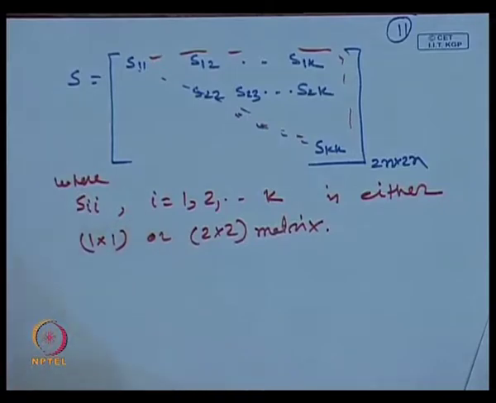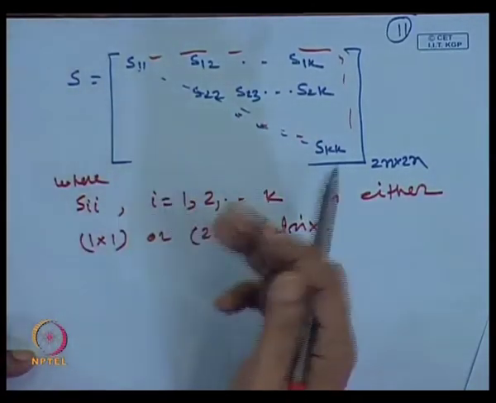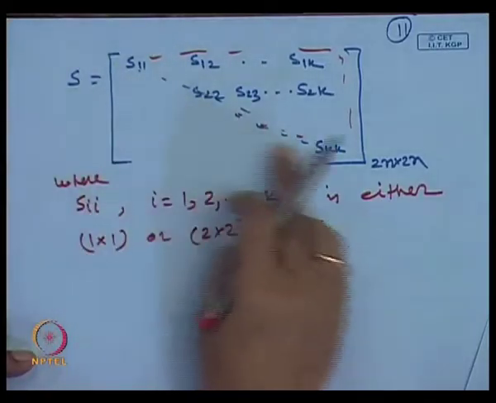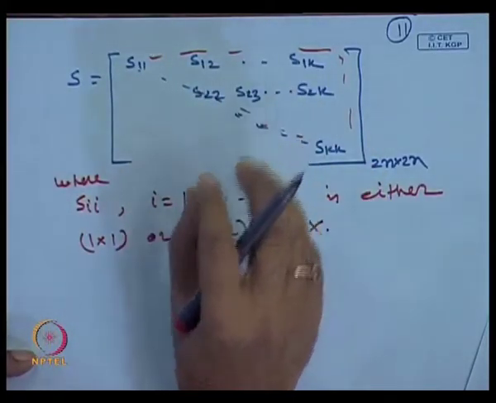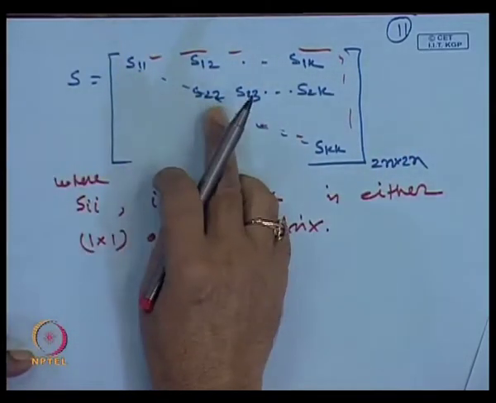So, this is a sequence of orthogonal transformations we can apply to the H m matrix such that it is converted into this form, with either 1 by 1 or 2 by 2 blocks.